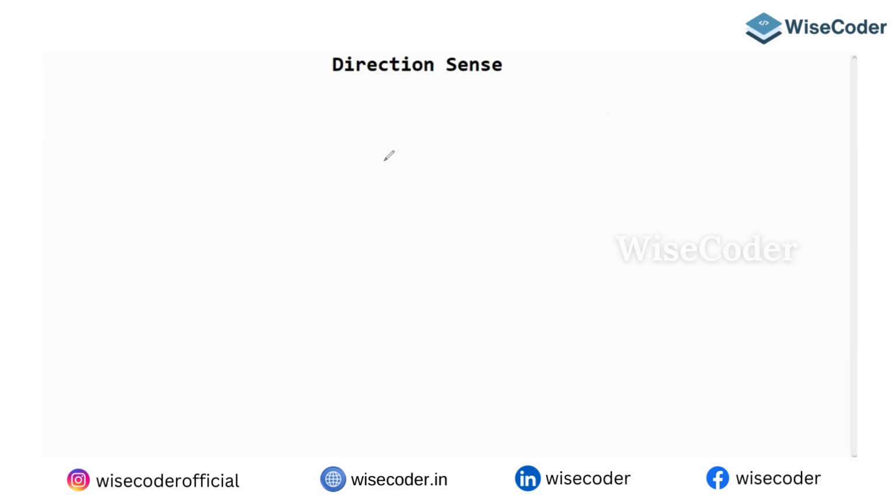Starting from her house, Ramya traveled 8 meters towards west, then turned right, and traveled 15 meters.